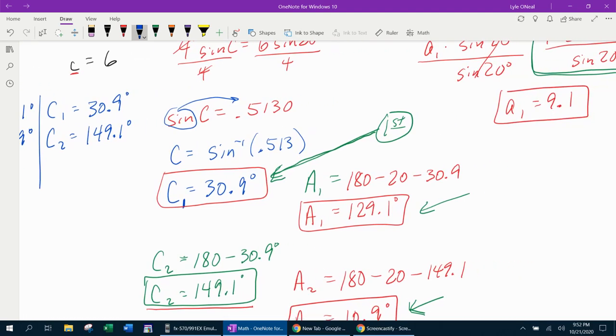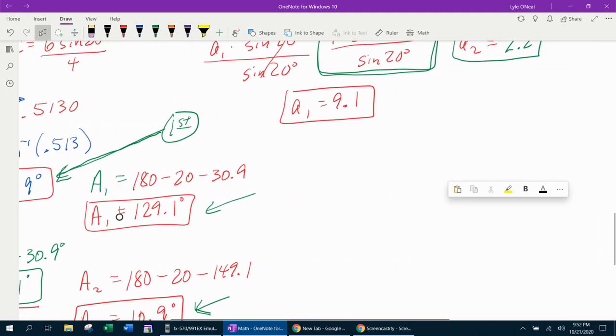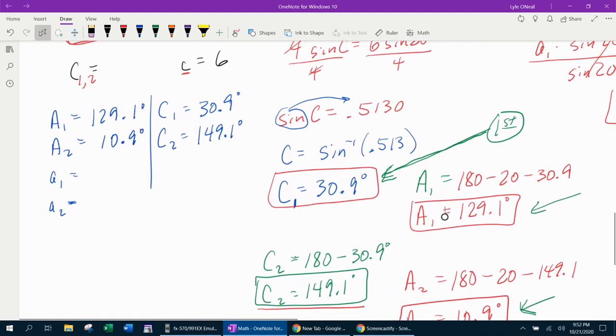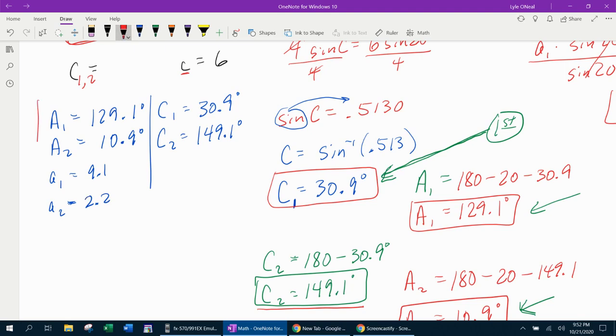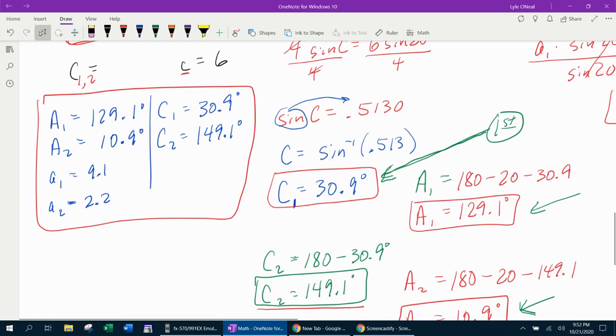And that was 9.1 and 2.2. And then put a nice red box around that. And there is the solution. And this ambiguous case problem did actually have two sets of answers. And now you see how to attack that, hopefully, when there are two sets of answers.